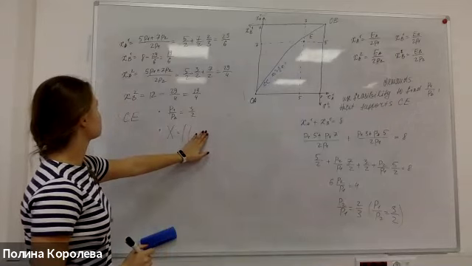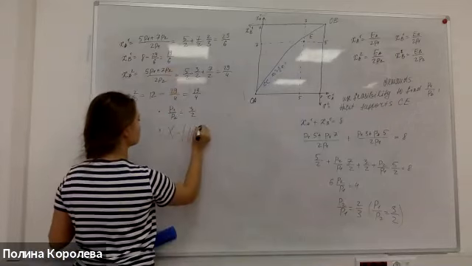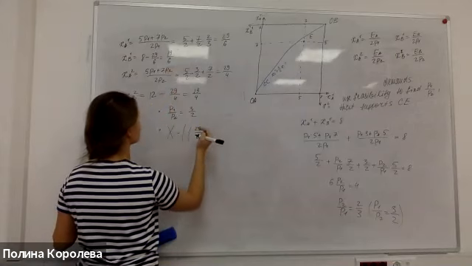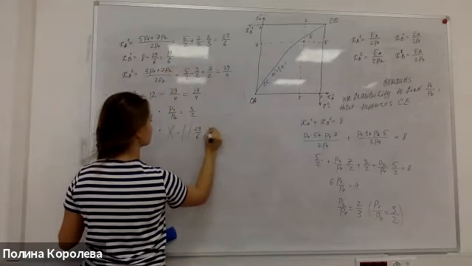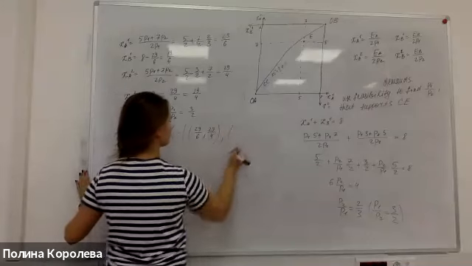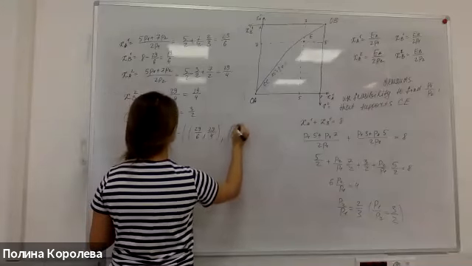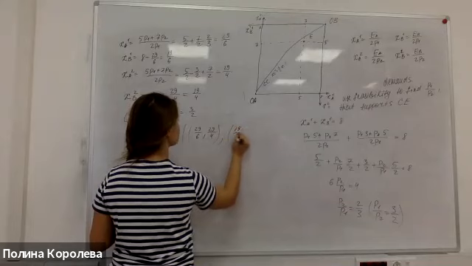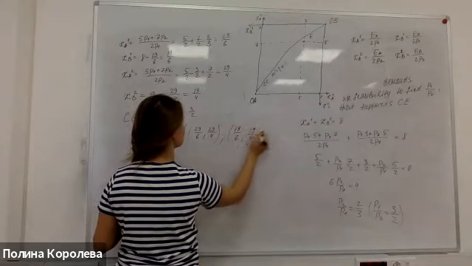Consumption of individual A is 29 divided by 6 of good 1, and 29 divided by 4 of the second good. The consumption point of individual B is 19 divided by 6, 19 divided by 4.